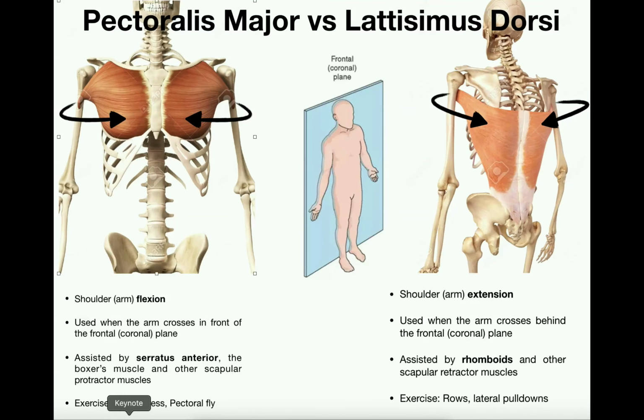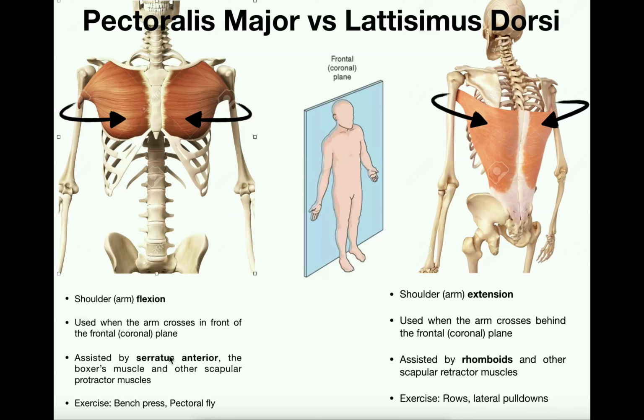Okay? It's also worth noting that the pectoralis major is facilitated by 2 shoulder girdle muscles. One of them is the serratus anterior, and the other is the pectoralis minor, although the serratus anterior is more important. Go back and watch the video on scapular protraction to really get a feel for that.